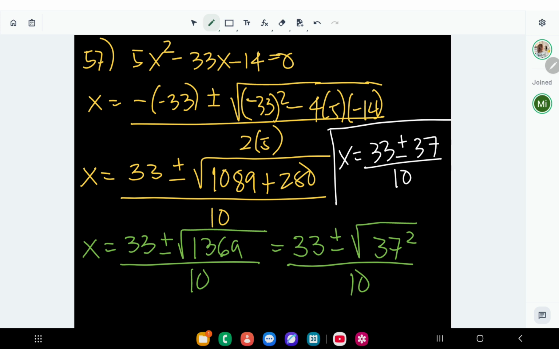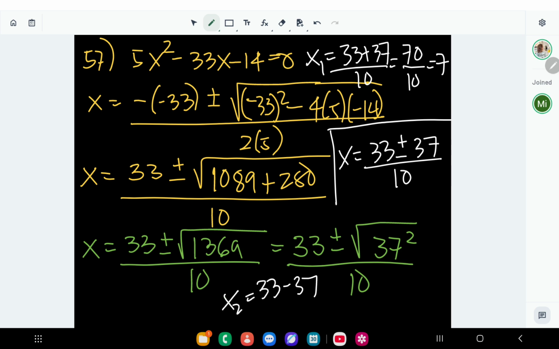So the values for x would be 33 plus 37 over 10. This is 70 over 10, that is 7. And the other value, x sub 2, is 33 minus 37 over 10, so this is negative 4 over 10, or negative 2 over 5.